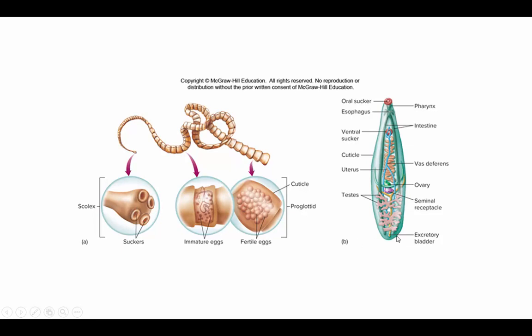And in figure B on the right, we're looking at a fluke. These have this oral sucker that they use to attach to the wall. But you see we've got the uterus, the ovary, the testes, so they've got these specialized organs for making eggs and sperm.